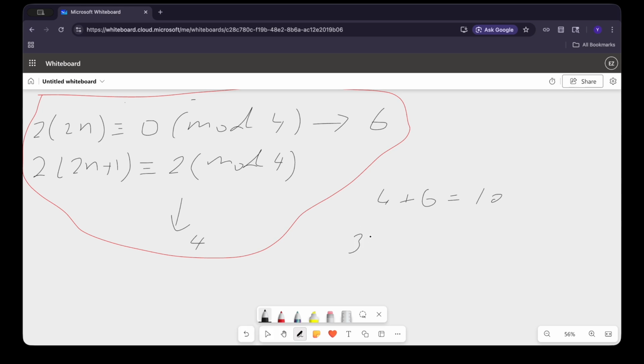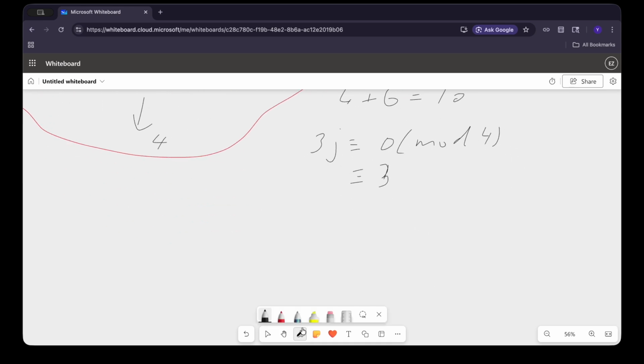So 3j is congruent to 0 modulo 4 for j equals 0, congruent to 3 for j equals 1, congruent to 2 for j equals 3, and congruent to 1 for j equals 4.